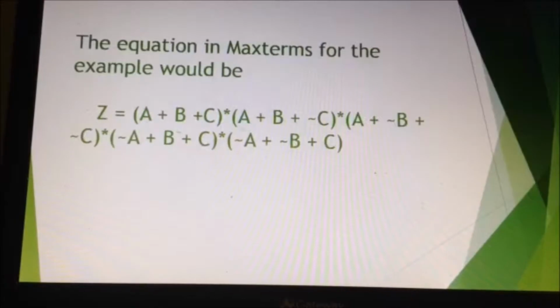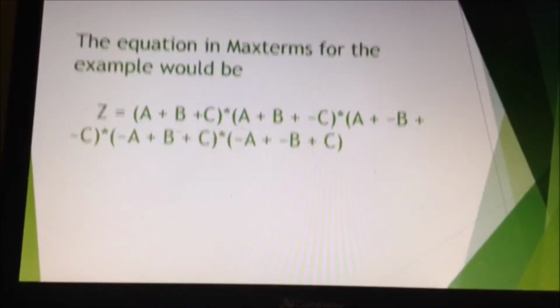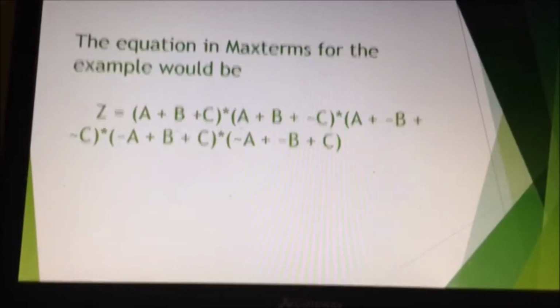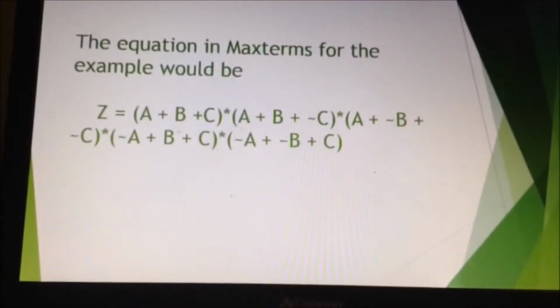The equation for this one will be Z is equal to A plus B plus C times A plus B plus C' times A plus B' plus C' times A' plus B' plus C' times A' plus B' plus C. As you can see, instead of multiplying each row in the parentheses, they add the letters.